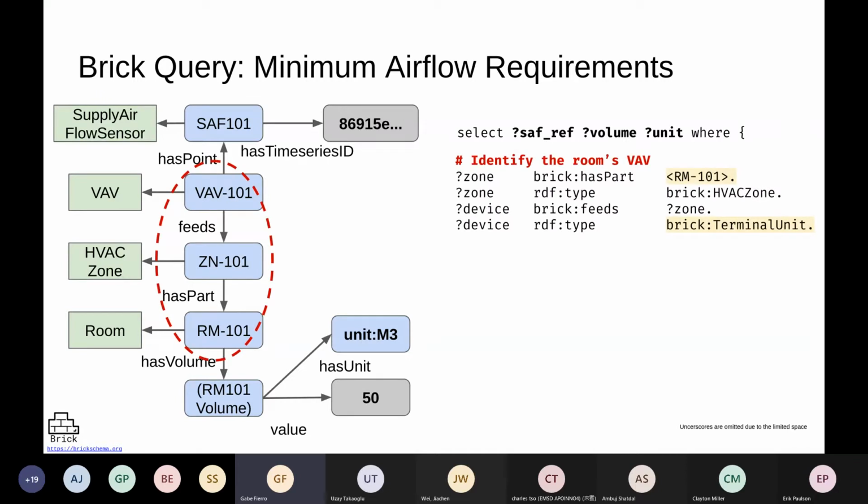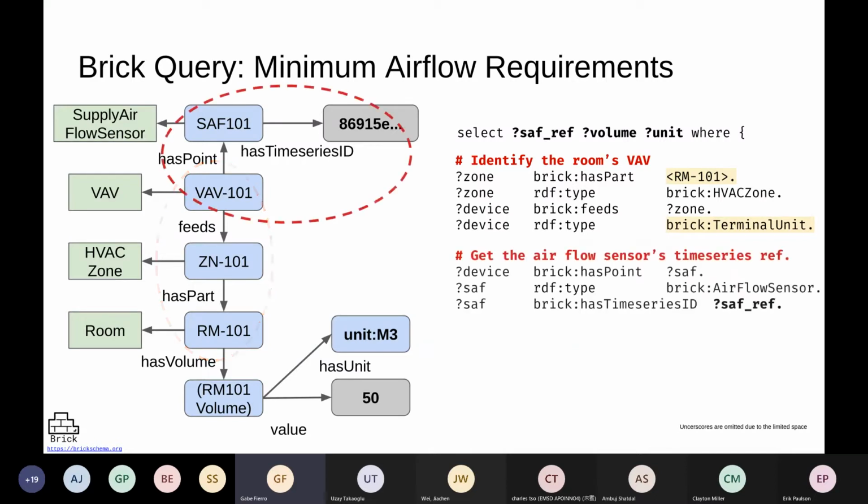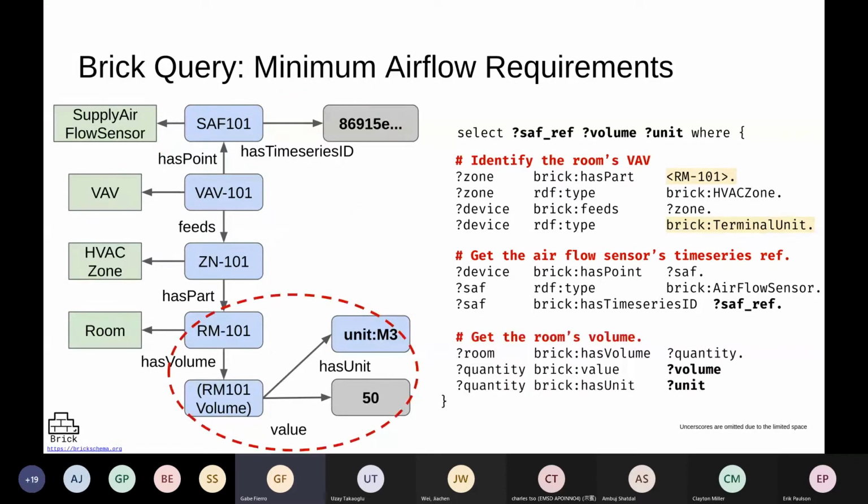So there's a subset of the query that will traverse part of that graph and find any terminal unit, the downstream HVAC zone. We'll use the time series reference here to find out what the name of the data stream is that we need to pull out of our database. And then Brick is able to express certain static quantities about the building, such as volume, and so we can retrieve that as well.